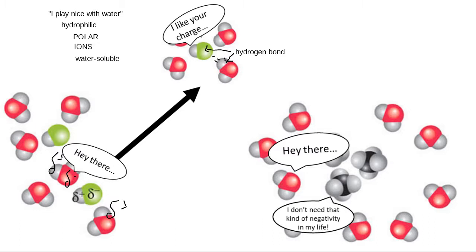So we just talked about things that are hydrophobic, things that don't play nice with water. What were some of my other words that I would use to describe things that are hydrophobic? What are my synonyms for hydrophobic? Yep, Elipina listed one of them for us.